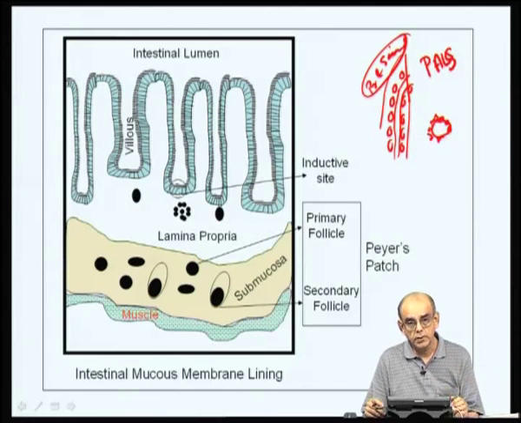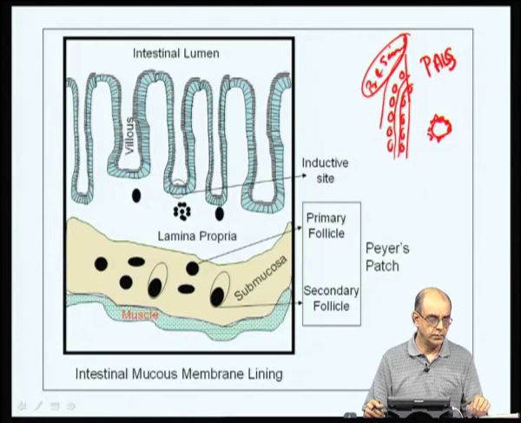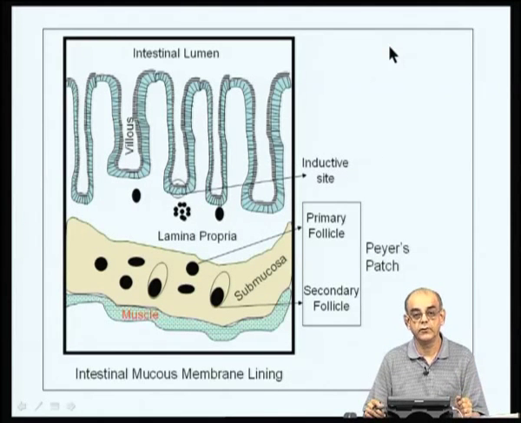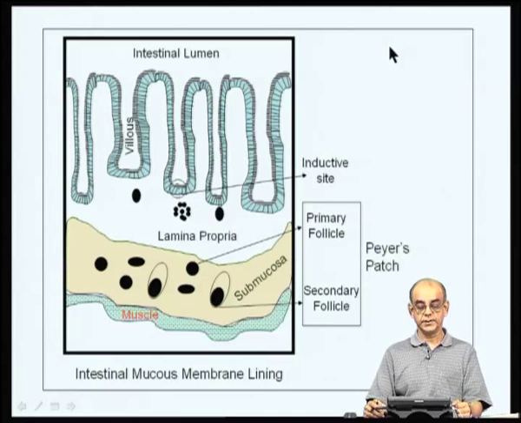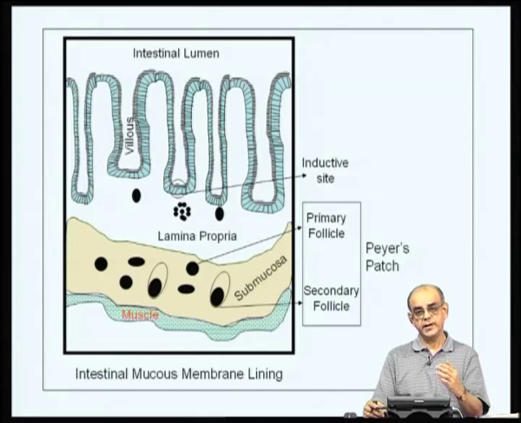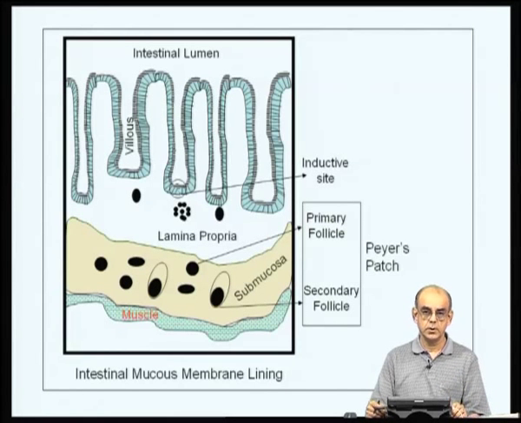Now, going on to other kinds of lymphoid structures, one of the major ones associated with the secondary lymphoid organs is the MALT, or the mucosal associated lymphoid tissue. Mucosal associated lymphoid tissue is very different from the organization of an ideal lymph node.